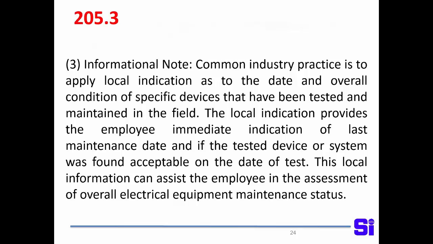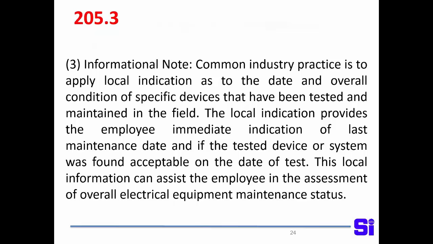And that's important, because you test it, it's good on that test date, but as you move through time, it's less likely that it's going to meet all those criteria. This local information can assist the employee in the assessment of overall electrical equipment maintenance status.